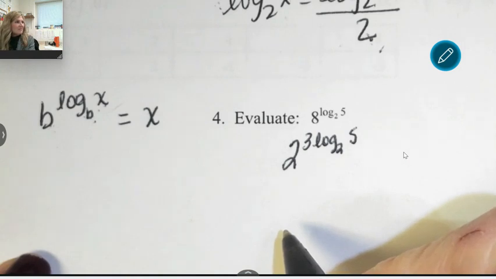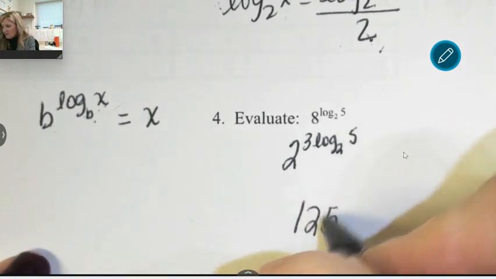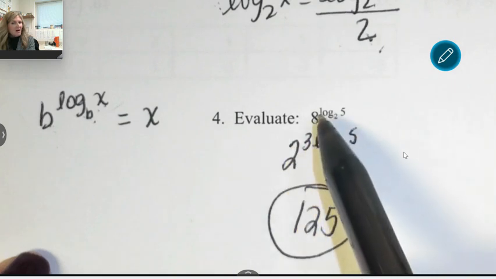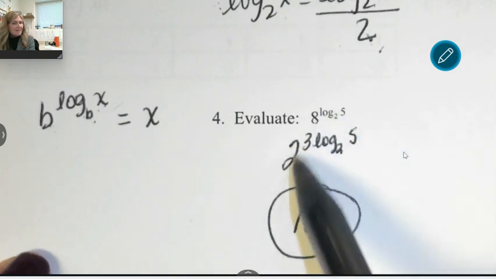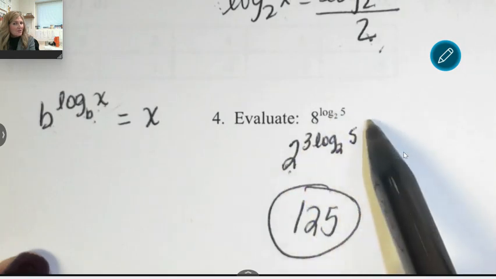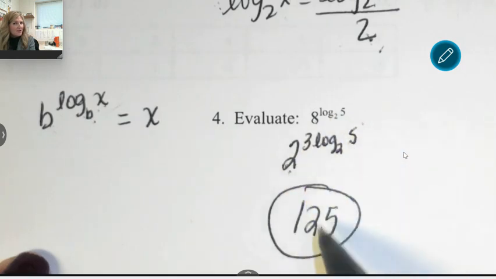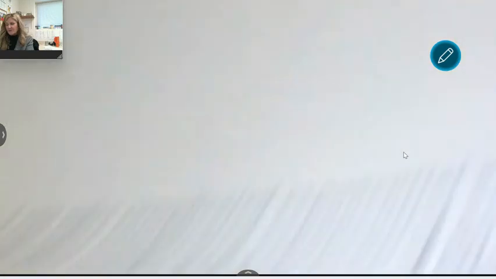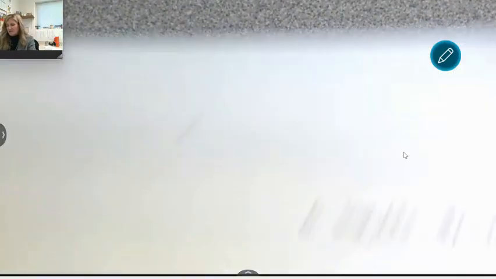What is it? 125. If you didn't quite have it, all I did was rewrite my base of 8 as a base of 2 so that they would match. It's 2 to the 3rd. The 3 becomes an exponent. 5 cubed is 125.